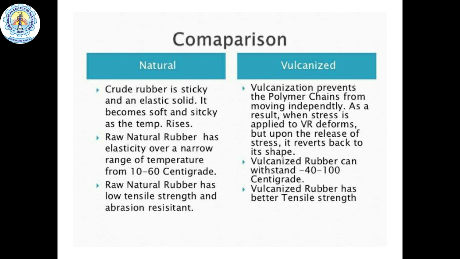Raw natural rubber has elasticity over a narrow range of temperature, from minus 60 up to 60 degrees centigrade, and vulcanized rubber can withstand up to 100 degrees centigrade starting from minus 40 degrees centigrade. Raw natural rubber has low tensile strength and abrasion resistance. Vulcanized rubber has better tensile strength.